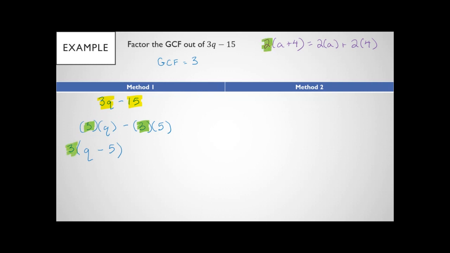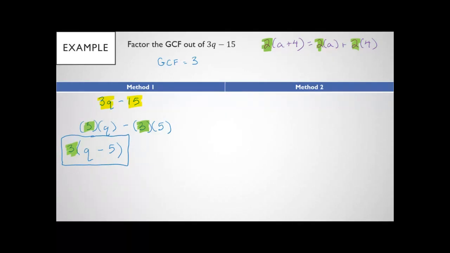If you follow the pattern of the colors, what's on the right side you pull in front to go on the left. That goes in front, and then everything else is put in parentheses. And then that is considered factored.